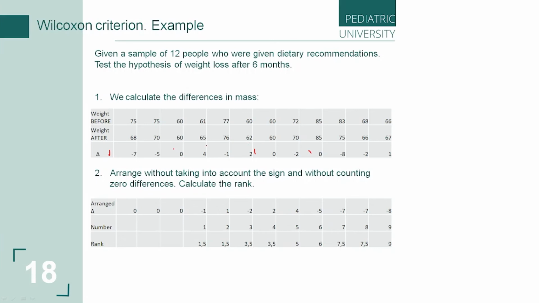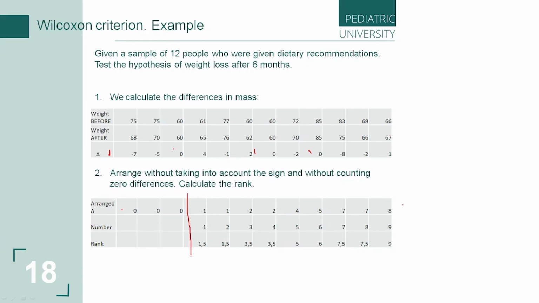Firstly, we arranged these numbers from the minimum to the maximum without the minus sign. We must not look at the sign here, only from minimum to maximum. And we have 3 numbers which are 0, and we don't take into account the 0 differences.